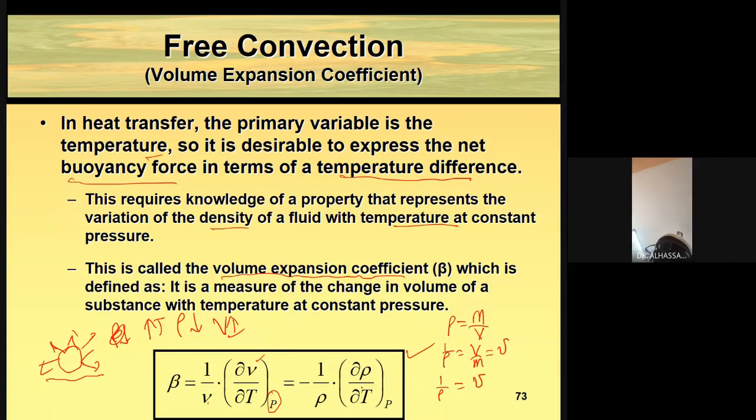So over here, in place of the specific volume, we replace it by the density in this way. Again, the negative sign indicates a decrease in density of the fluid. So as the temperature increases, the density decreases.